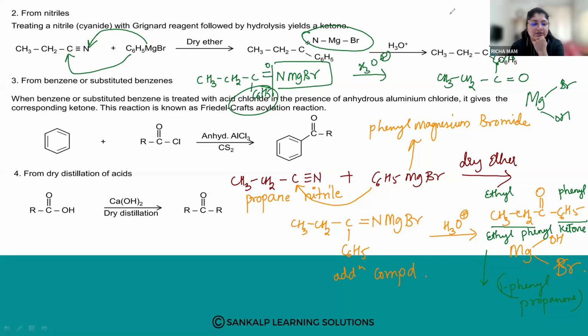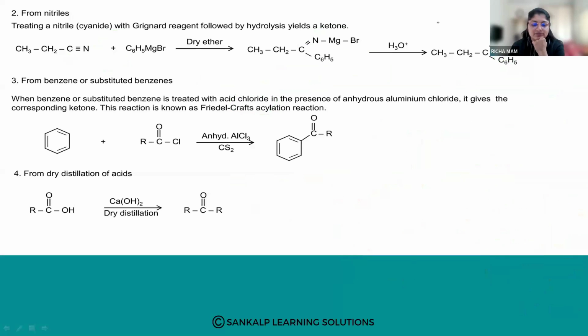Is it clear? Are both reactions clear? So two reactions we have seen. One is from acid chlorides or acyl chlorides and the second is from nitriles. From nitriles we can prepare both aromatic as well as aliphatic ketones. In acid chlorides also, we can prepare both aliphatic as well as aromatic ketones.